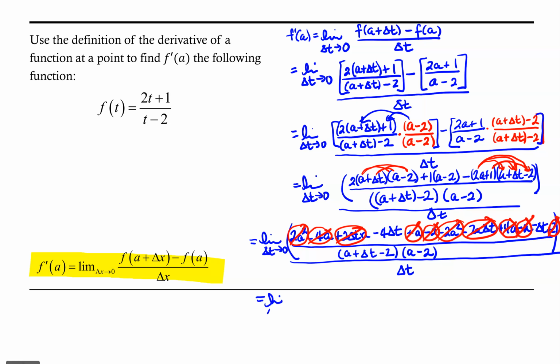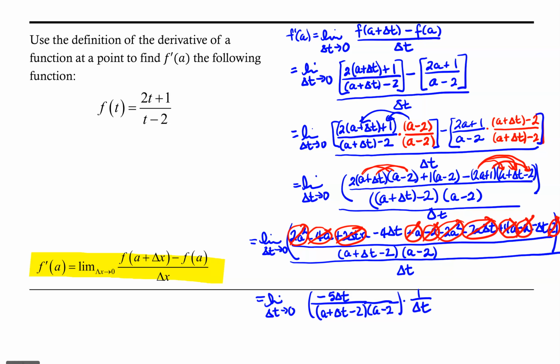So now let's see where we're at. We have the limit as delta t goes to 0. We have negative 4 delta t and a minus delta t, so we'll say negative 5 delta t over a plus delta t minus 2 times a minus 2. Now, dividing by delta t is essentially the same as multiplying by 1 over delta t.